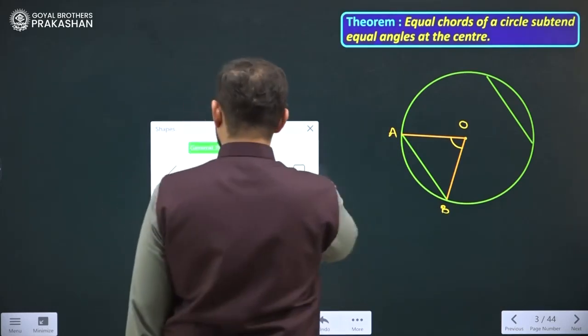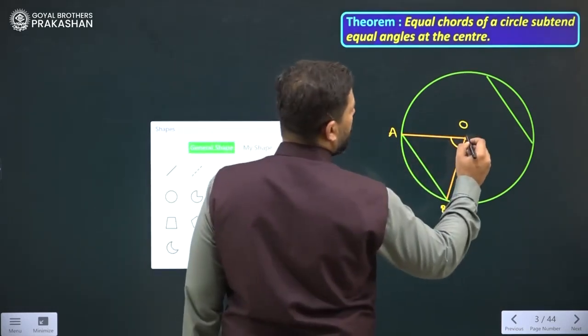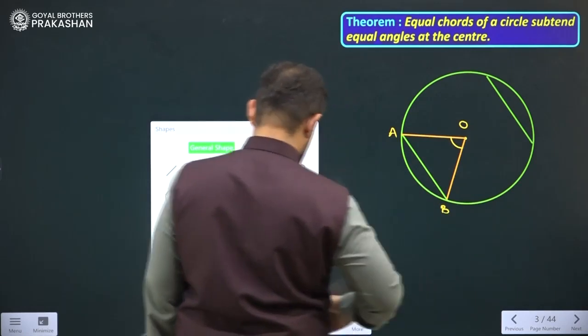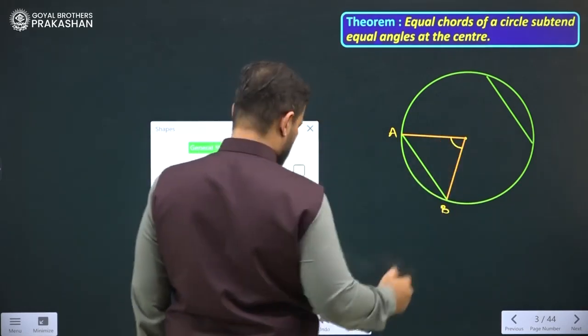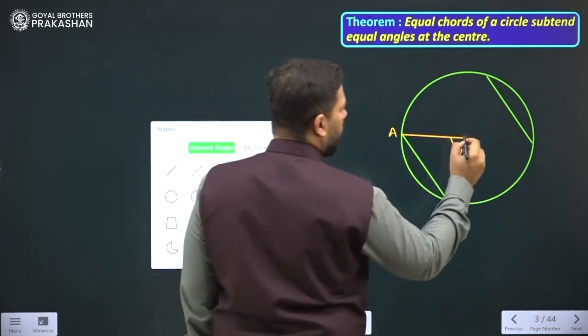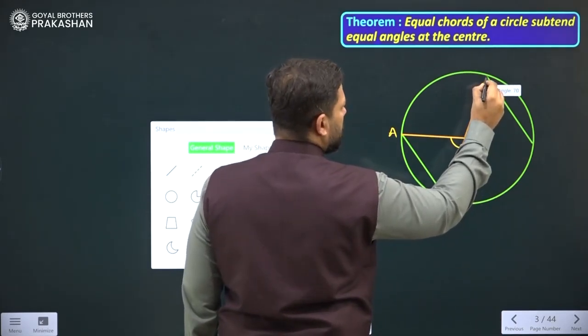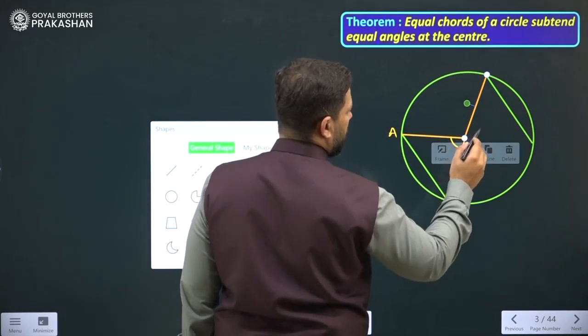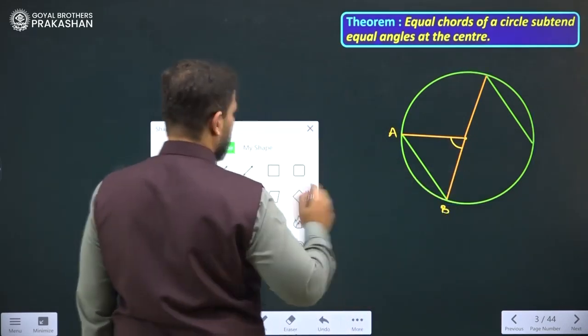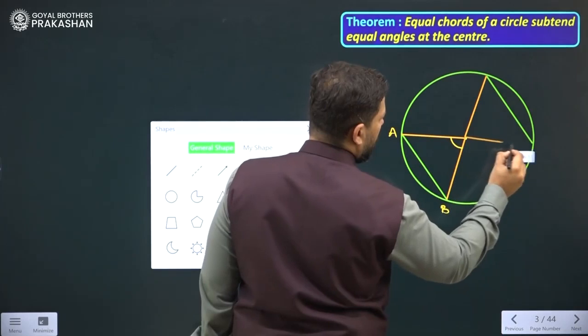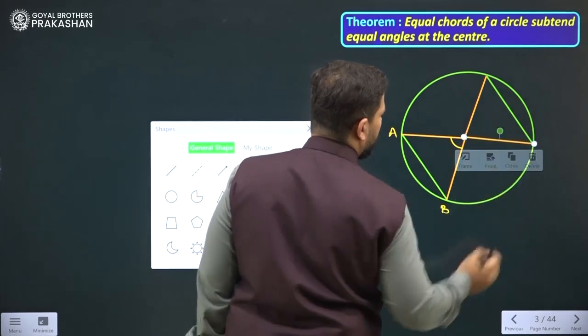And if I join it again, let us join it over here as well. For that, I'll just erase O for the meanwhile. And we are joining this center with this chord's end point, right? And we will join another like this. Isn't it?